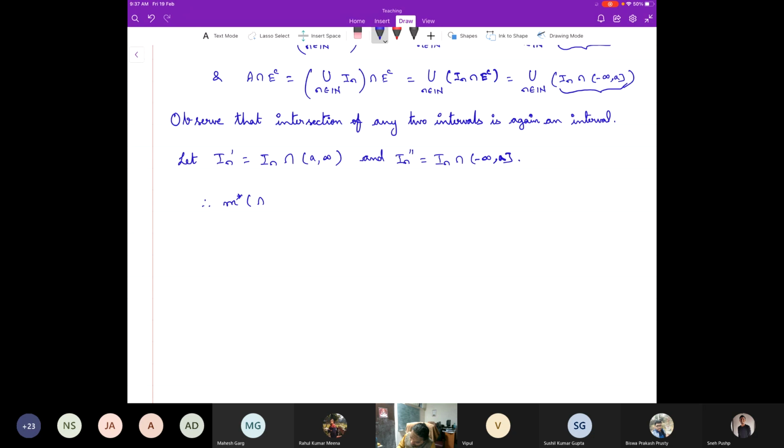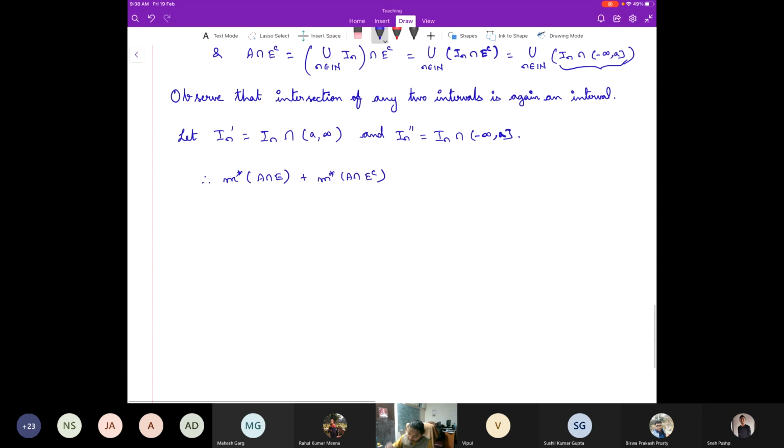We have to show that m star of A intersection E plus m star of A intersection E complement is less than or equal to m star of A. So what are we going to show? We are going to show that this is less than m star of A plus epsilon.